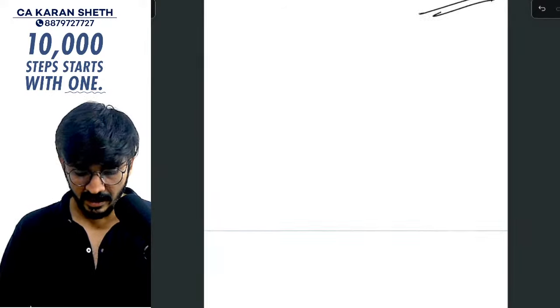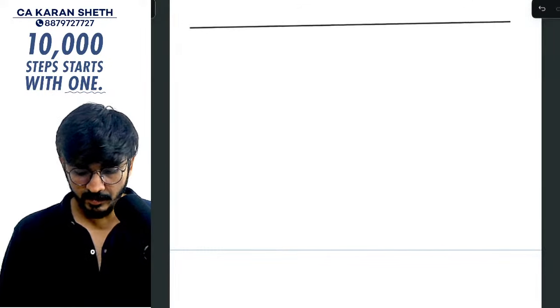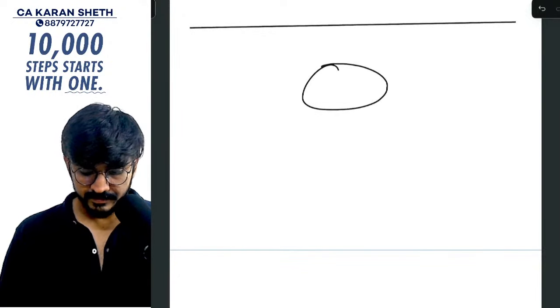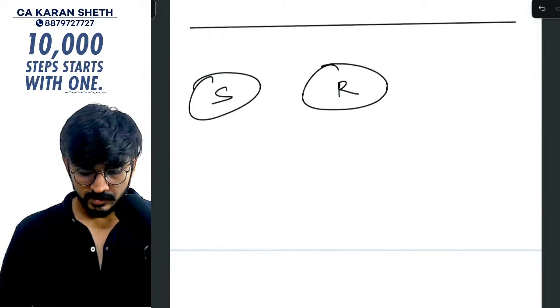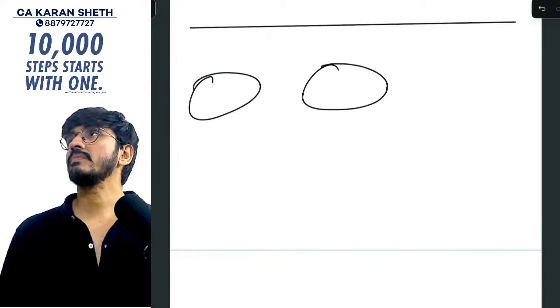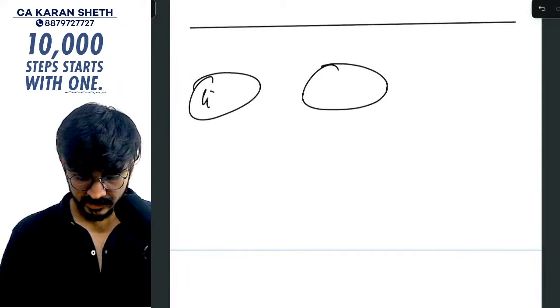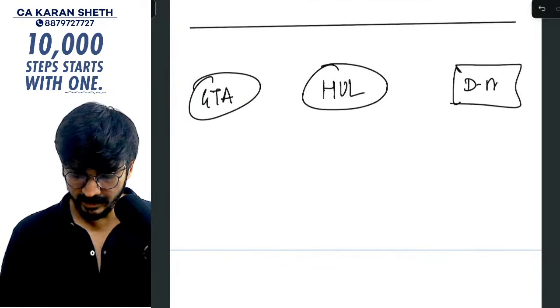Since you all are in CFL, I'll just discuss it here itself. Doesn't matter, here this is the supplier, this is the recipient. Let's say for example GTA service, and this is HUL and this is DMart, correct?